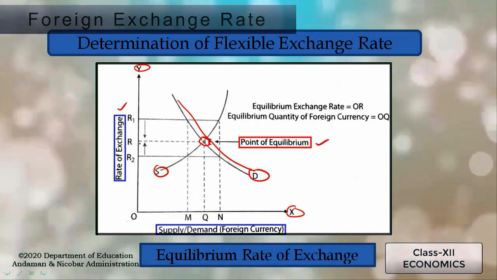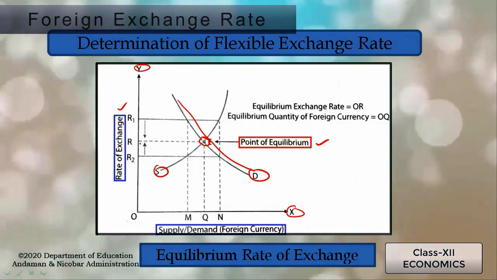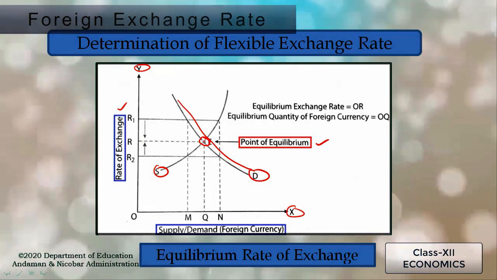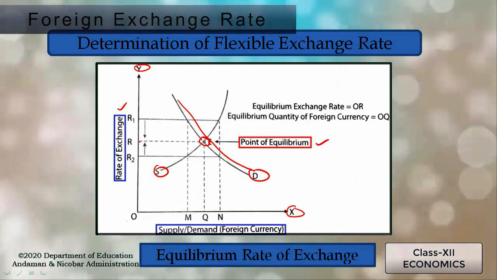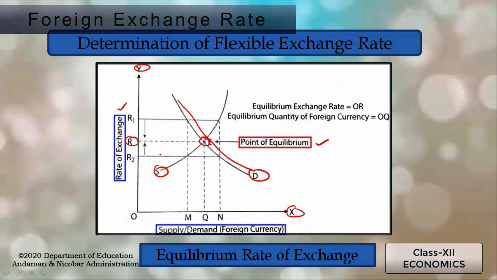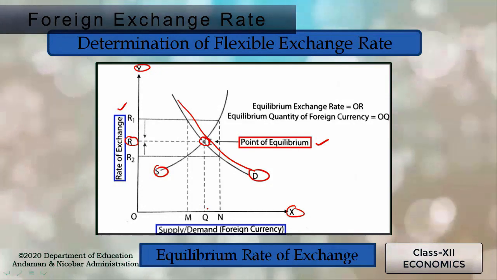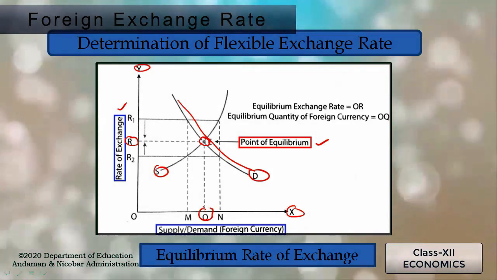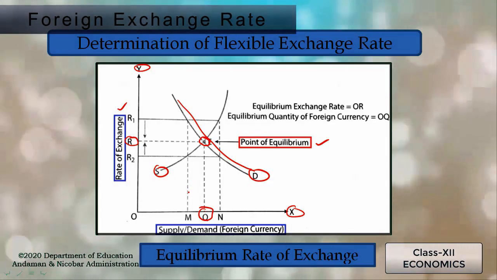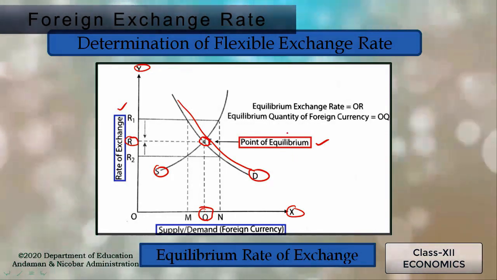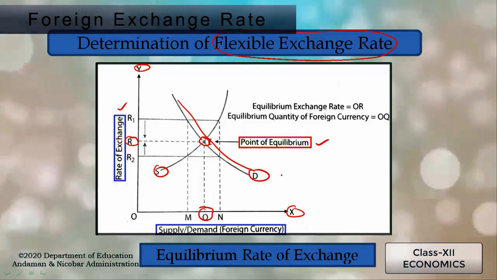So here we have the exchange rate R1 at the initial, and as these two curves intersect with each other, the equilibrium rate of exchange is said to be the point R, and at the same time we can see the equilibrium quantity, where the point Q denotes the equilibrium quantity where the supply and demand for foreign currencies are equal.